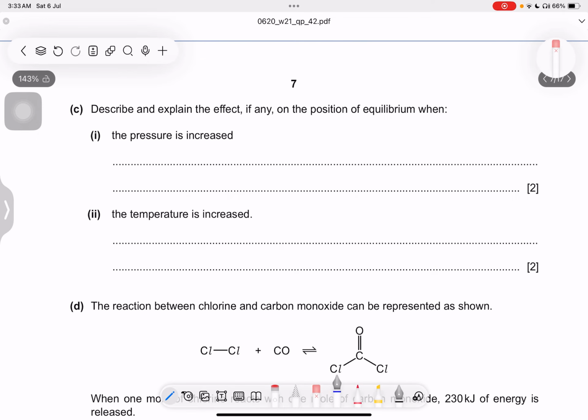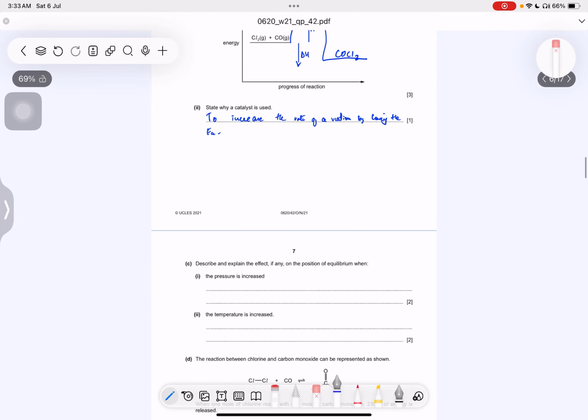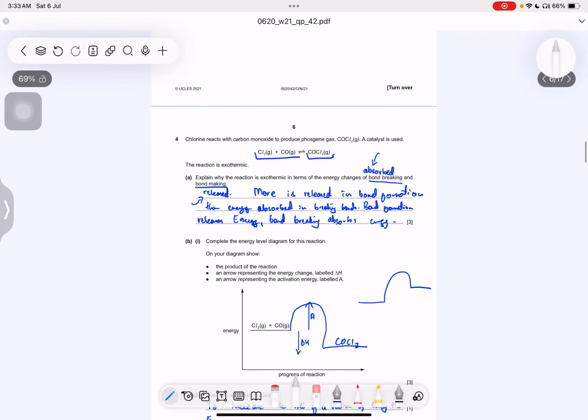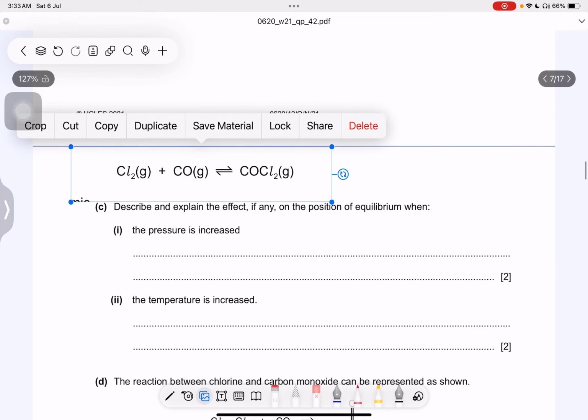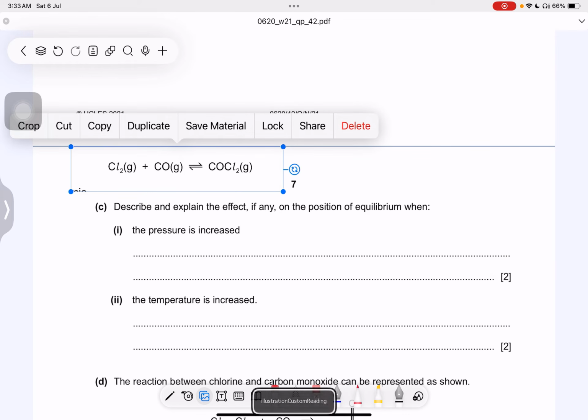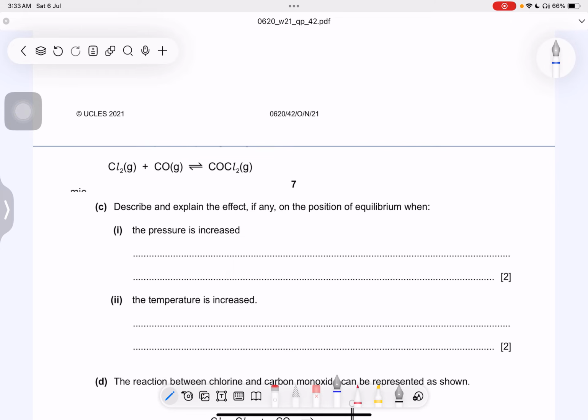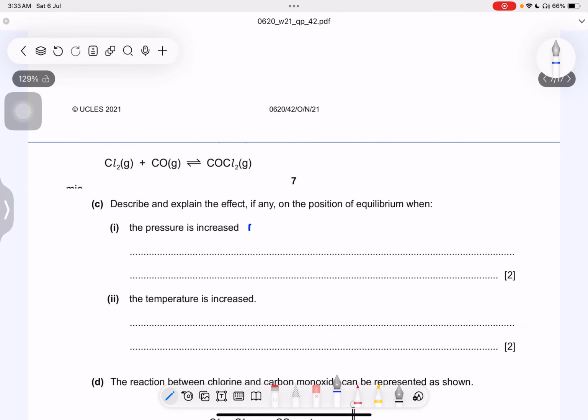Describe and explain the effect, if any, on the position of equilibrium when the pressure is increased and the temperature is increased. So let me get this down. So now we have the equation. If the pressure is increased, the side with fewer moles is favored and the equilibrium shifts to the side with fewer moles.